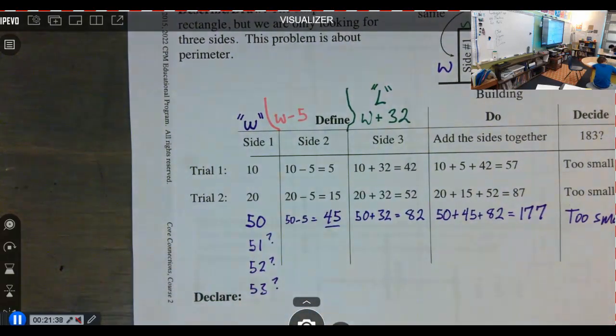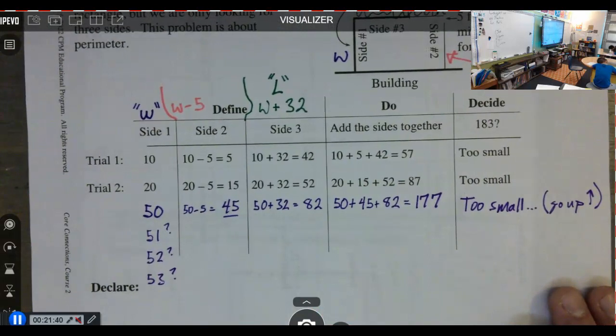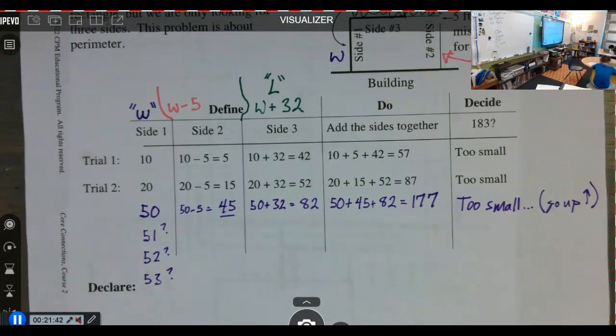I don't know how far to go up. Do we want to go up to 51? Go up to 52? Jumped up to 55?